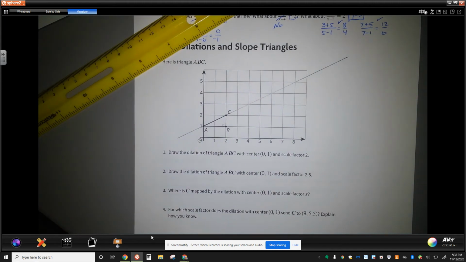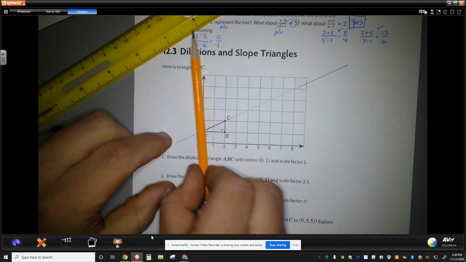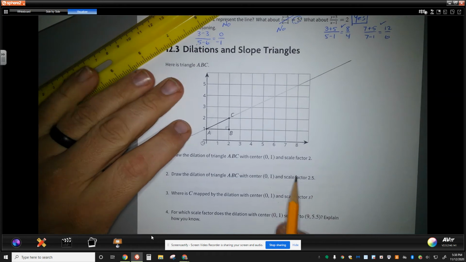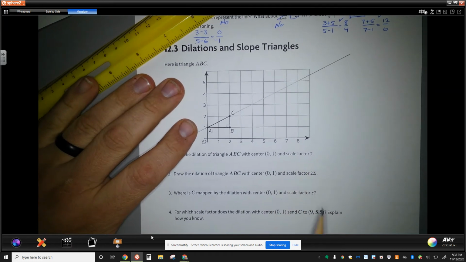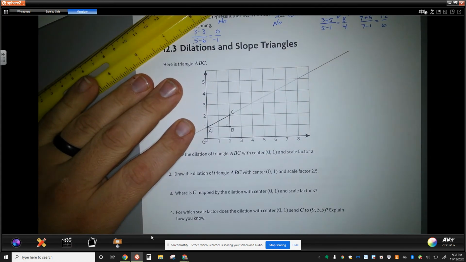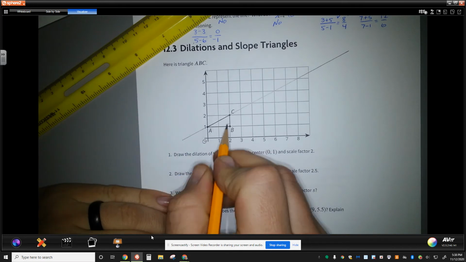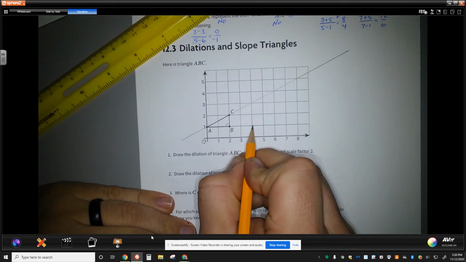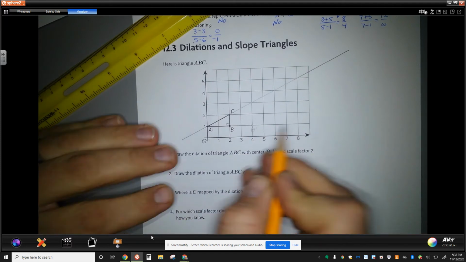So let's go ahead and dilate some triangles. This says draw a dilation of triangle ABC with center 0, 1. Whoops. 0, 1. Notice that it's not 0, 0. That's okay though, and a scale factor of 2. Well, let's go ahead and use our side lengths to be able to dilate. If this side length is 2 units, by a scale factor of 2 would be 4 units. We're going to call that B prime.